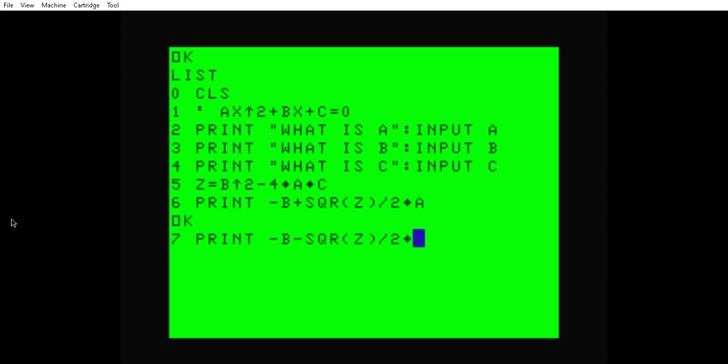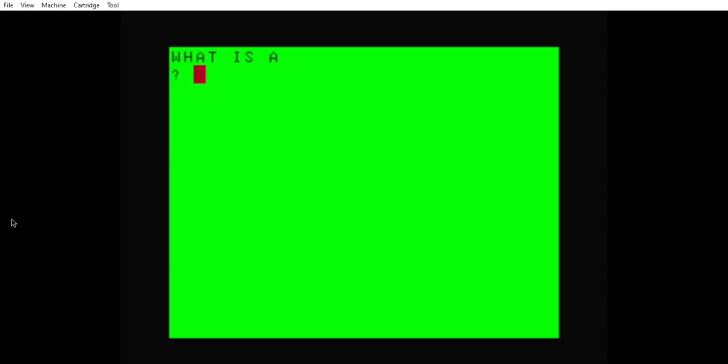So let's run this, and I'll do something that I know the answer to. If a is 2, and I just did this by hand this morning, both x1 and x2 come out to -1. So we should have two -1s here.